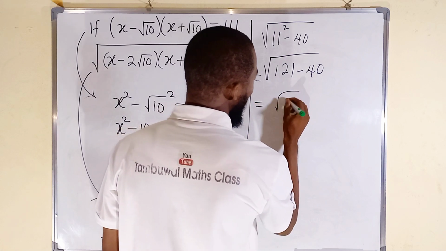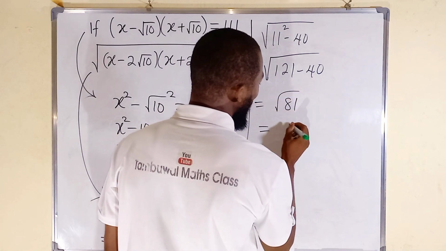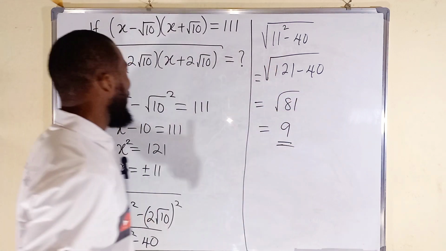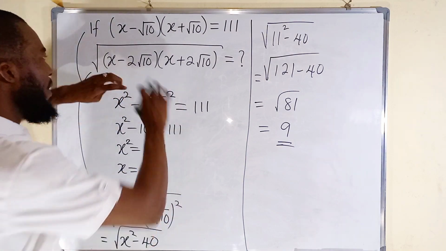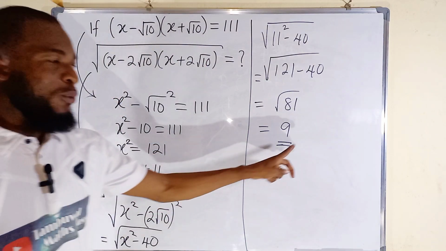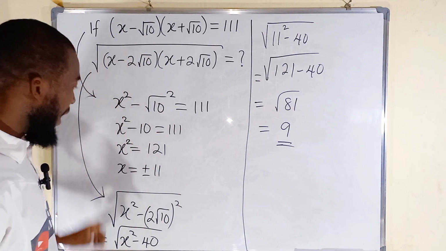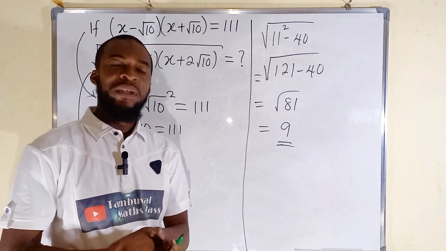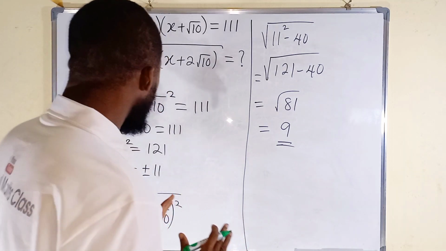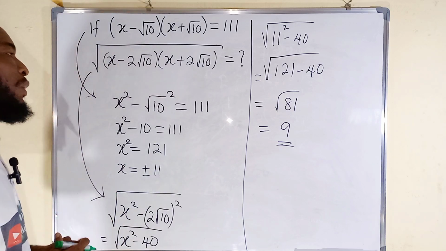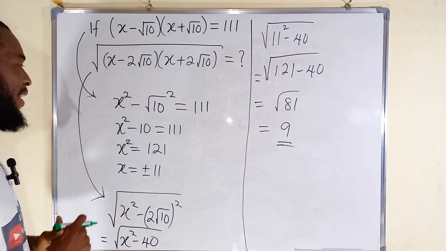So we have the square root of 81, which is equal to 9. Therefore, if you evaluate this, you get 9, provided that x is equal to plus or minus 11. So this is the first method, while the second method will be Olympiad standard, as I told you earlier.